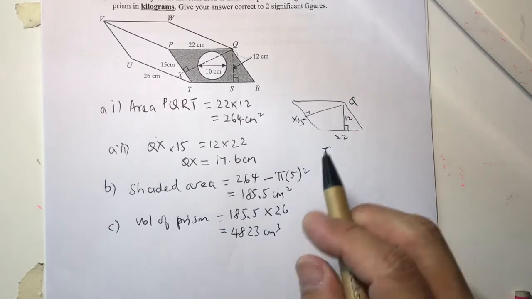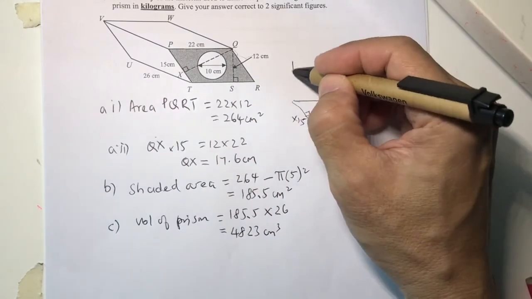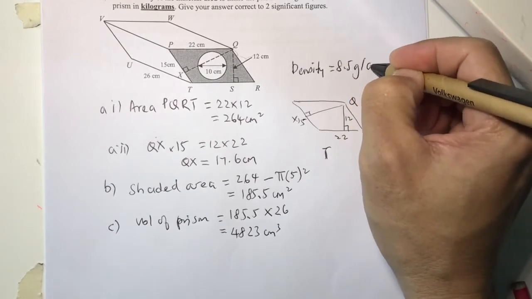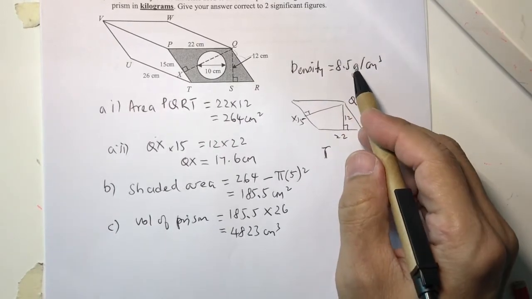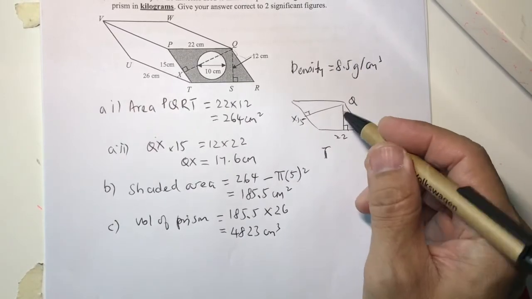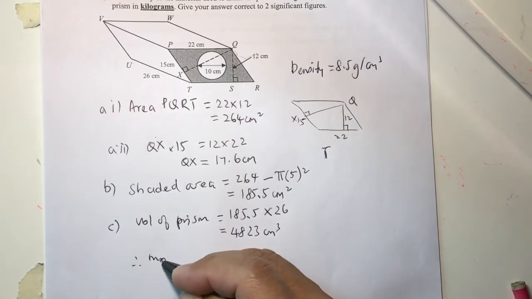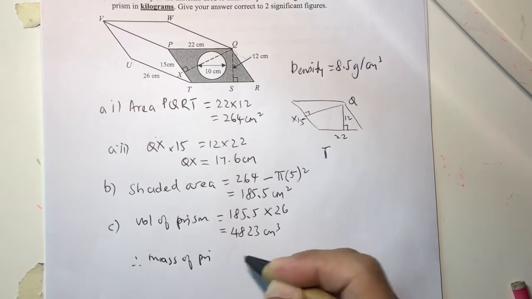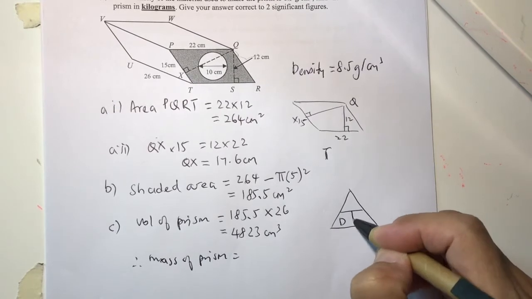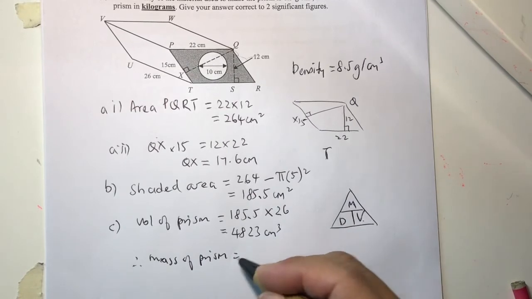Finally, we are given that the density of the material to make the prism is 8.5 grams per cm cube. The density means that 1 cm cube weighs 8.5 grams. Therefore, for the mass of the prism we use the formula: density is mass over volume, and therefore the mass is density times volume.